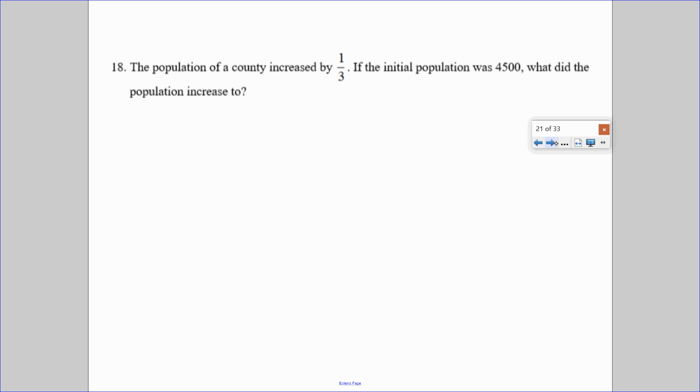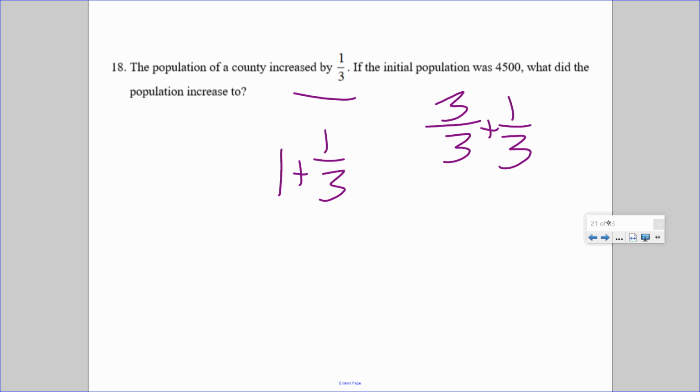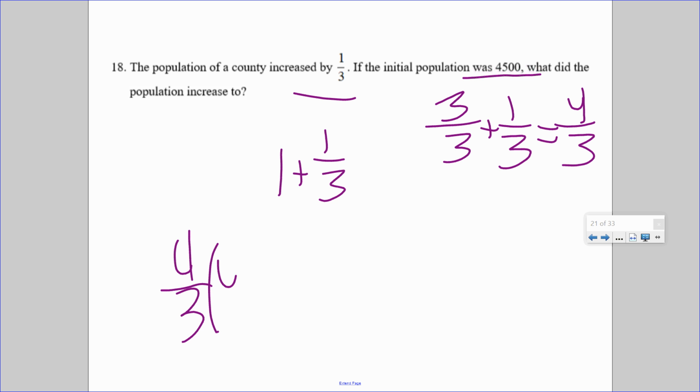The population of a county increases by 1/3. So if it's increasing by 1/3, then I'm adding 1 plus 1/3. If you're not good with fractions, you can use the calculator, if it's the calculator section. 1 plus 1/3 is 4/3. So if it's increasing by 1/3 and the initial population was 4,500, then it's 4/3 times 4,500. Again, if it's increasing or decreasing by a percent or a decimal, we treat them the same exact way.